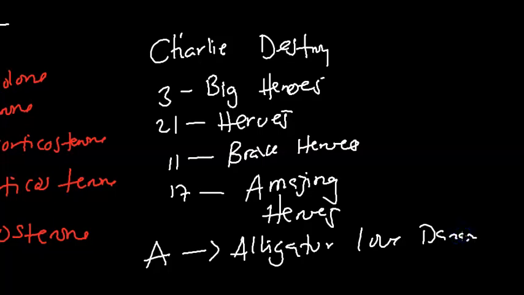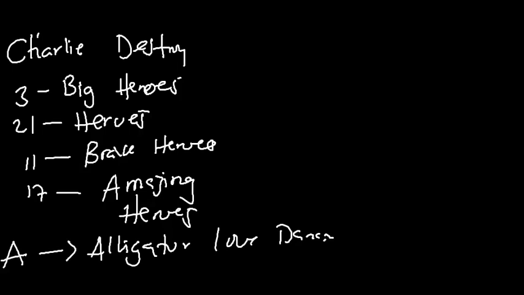So notice that this is a mnemonic for the enzymes. We said Charlie destroyed 3 big heroes, 21 heroes, 11 brave heroes, 17 amazing heroes, and alligator love dancing. So notice that the Charlie and destroy simply stand for cholesterol desmolase.